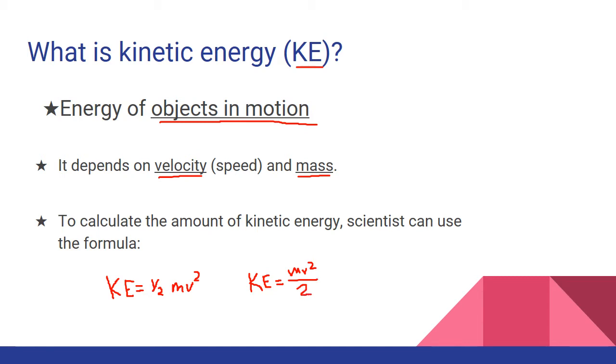So you might see the formula either way, but it is the same concept. By the way, make a note somewhere to the side of this formula that your answer should be in joules. So the unit that we use for kinetic energy is joules, and you can abbreviate that with a capital J.